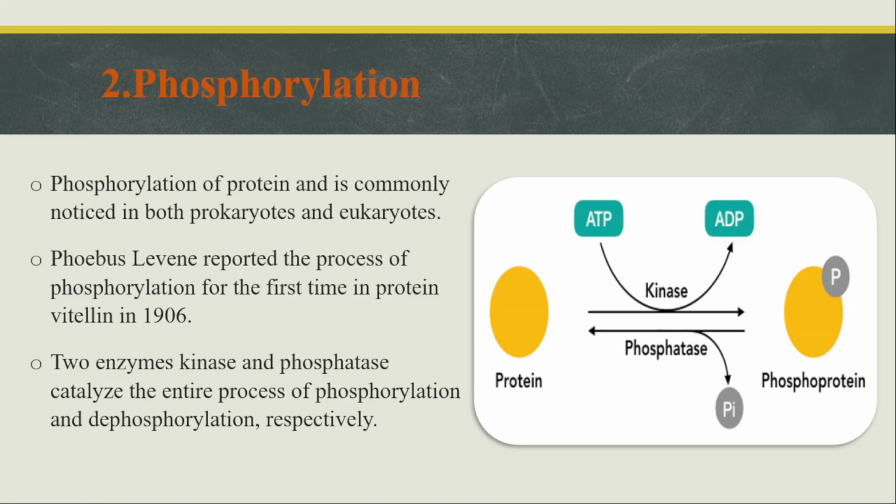Two enzymes, the first one kinase and the second one phosphatase, catalyze the entire process of phosphorylation and dephosphorylation. Adenosine triphosphate is the phosphate donor for the process to occur. Interestingly, it alters the protein function for a short time, meaning the protein function can be reverted when dephosphorylated.